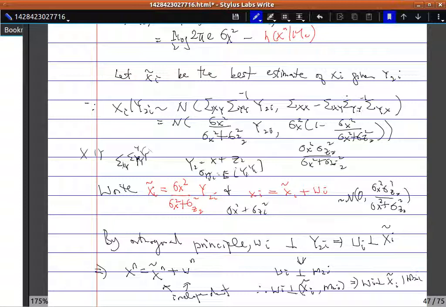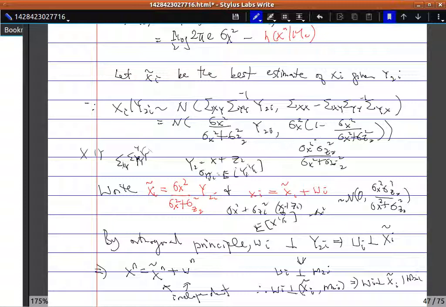So therefore sigma y inverse is just 1 over sigma x squared plus sigma c2 squared, and sigma xy is just equal to the expectation of x y2, and y2 is just x plus c2, and x is independent of c2, so it just has the expectation of x squared, which is equal to sigma x squared.